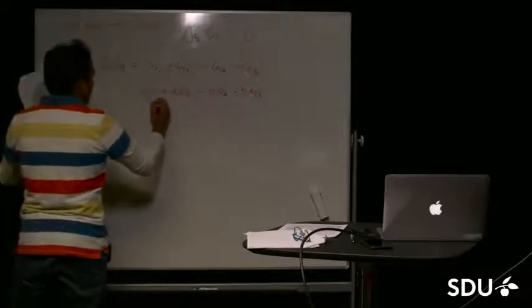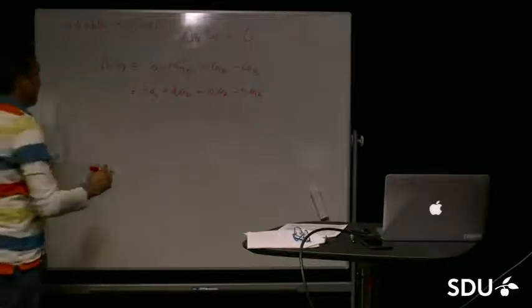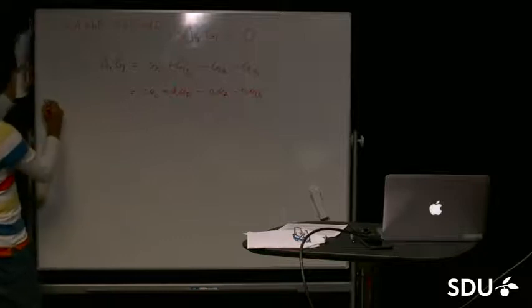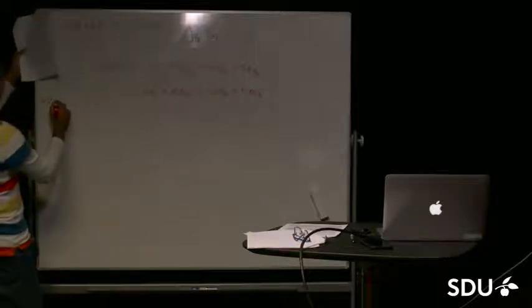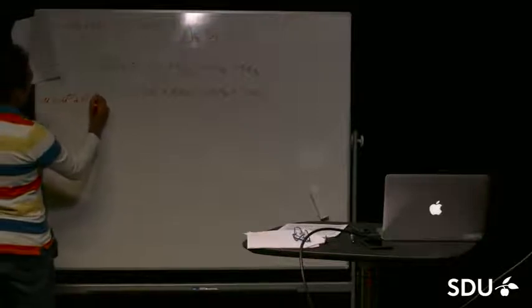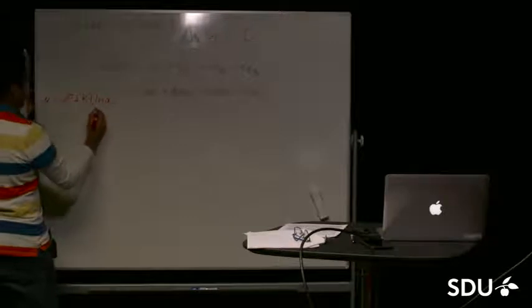Now, each of the chemical potentials, remember, is not under standard conditions. So, this can be broken down a little bit more, remembering that the chemical potential is given as the standard chemical potential plus RT log of the activity for any component i.